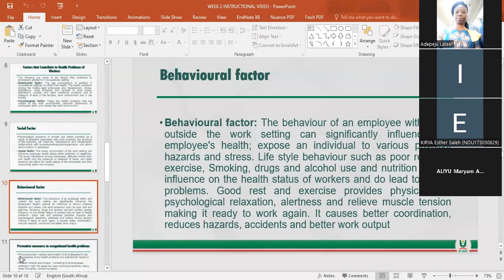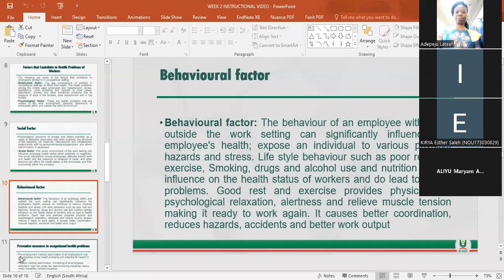Behavior or behavioral, what does it mean? It can be a kind of lifestyle habit. For instance, there are some who operate in a session from morning, maybe they report to work at 7, and from 7 they work till around 5.